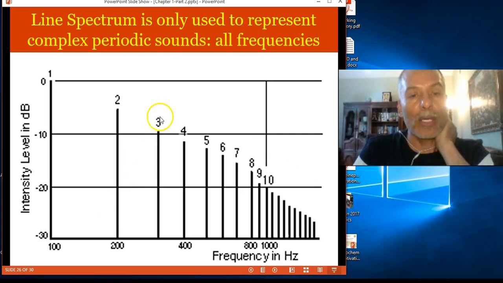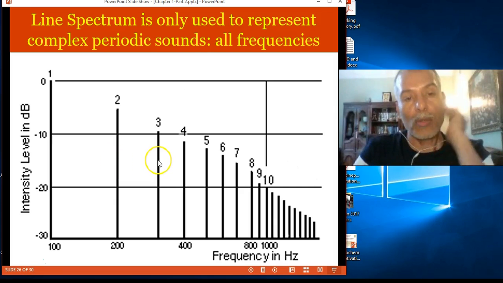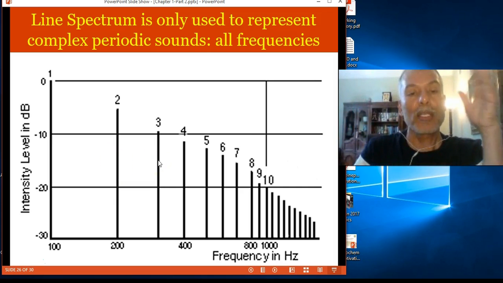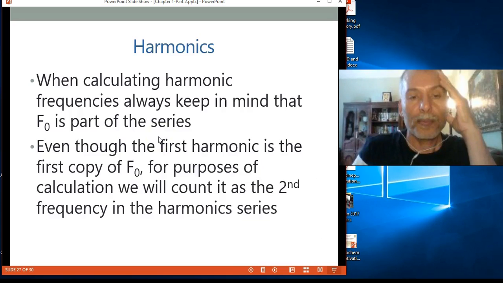Okay, the third harmonic will be 3 times 300. Fourth, 4 times 300. 5 times 300. And because 300 is a big distance, these lines are going to be farther and farther apart from each other.